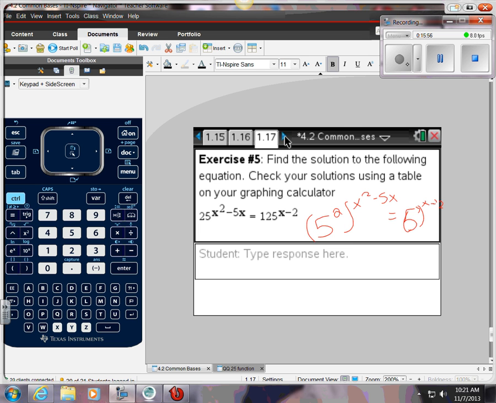Distribute: 5 raised to the 2x squared minus 10x equals 5 raised to the 3x minus 6. Common base, so we can set our exponents equal to each other. 2x squared minus 10x equals 3x minus 6.